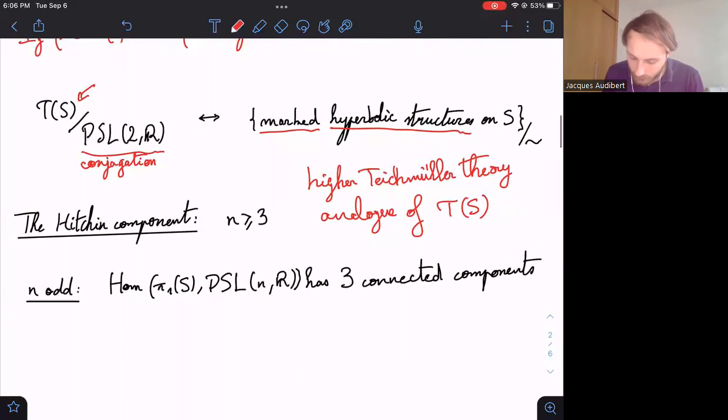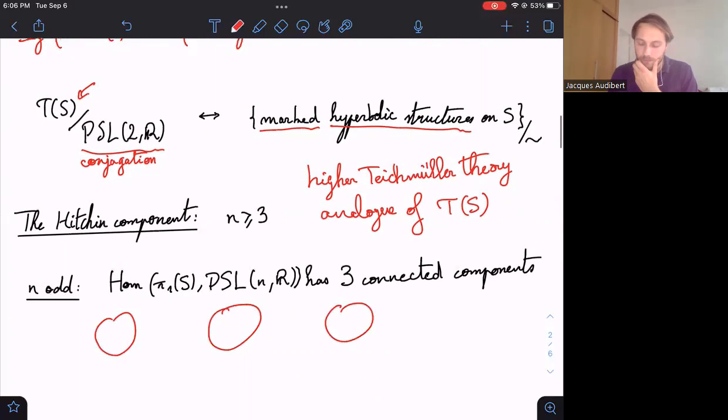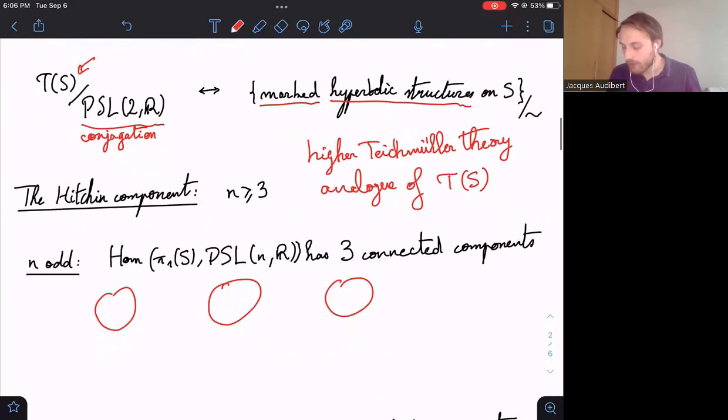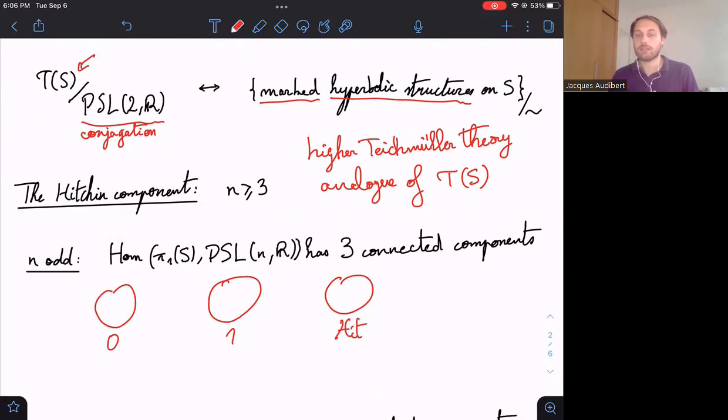So this space has 3 connected components. I draw them as balls, but they are not really. We can label them different ways. Basically one of them I will call the Hitchin component. It's a special one.